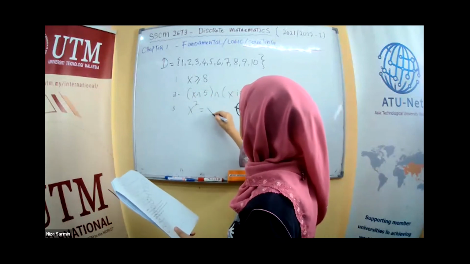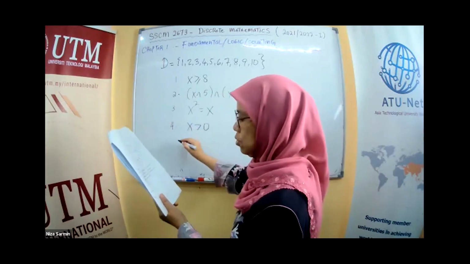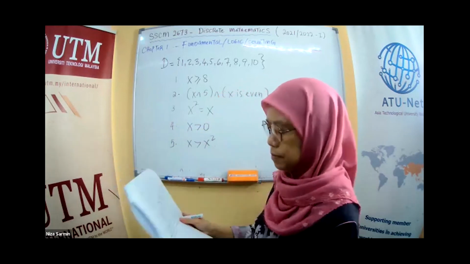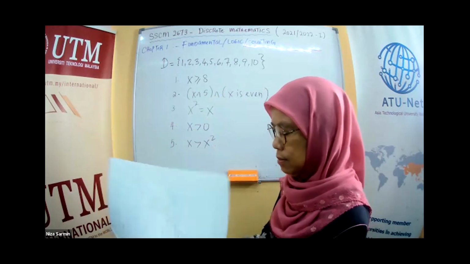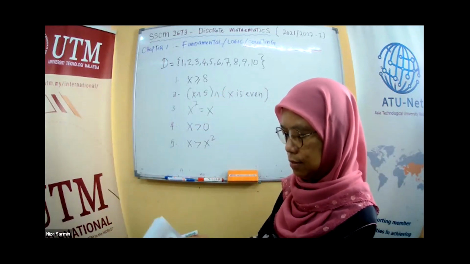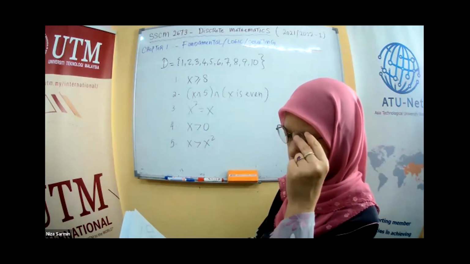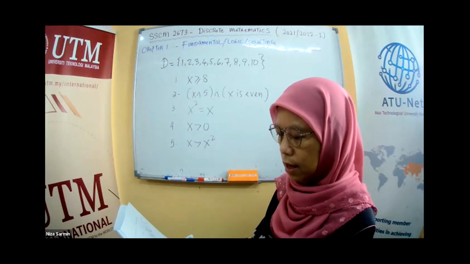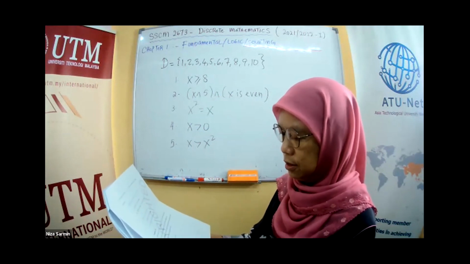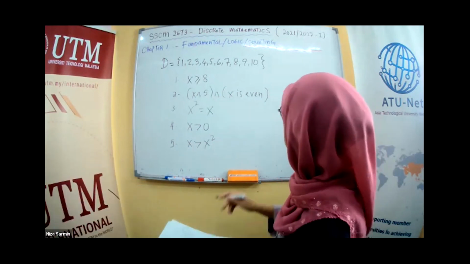X squared is X. X bigger than 0. X bigger than X squared. And I also have to find the negation.